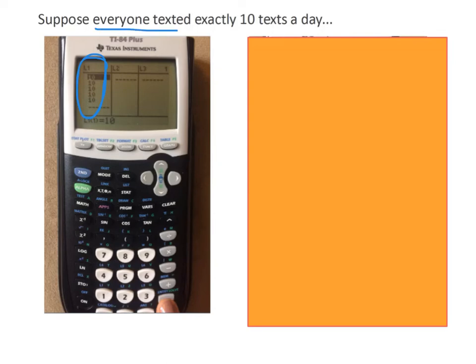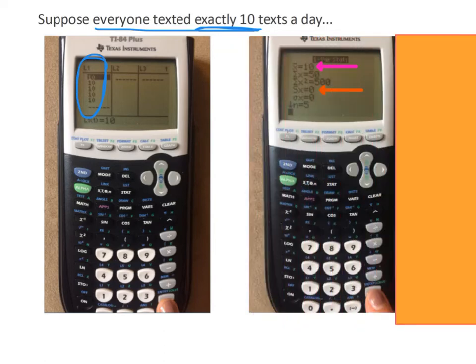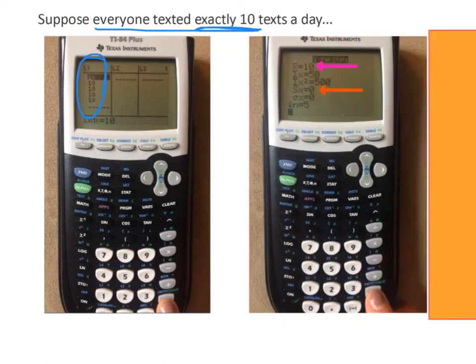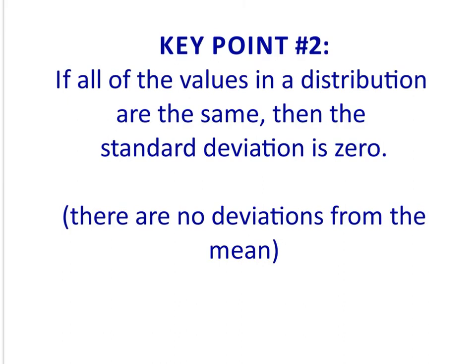So if everyone texted exactly the same amount, if I did one var stats, I would end up with a standard deviation of 0. So that's key point 2. If all the values in a distribution are the same, then the standard deviation is 0 because there are no deviations from the mean. Everything is the same.